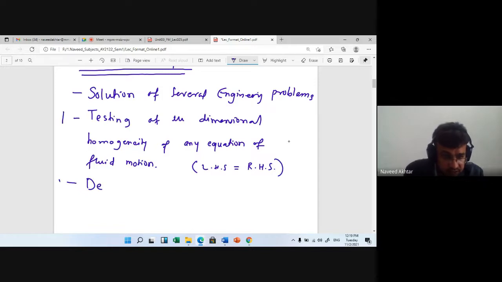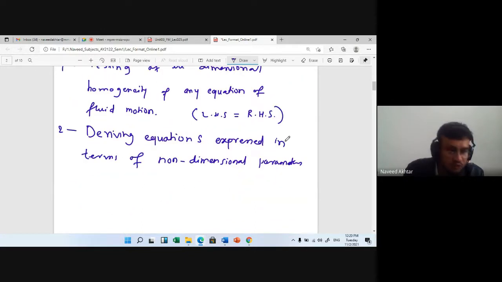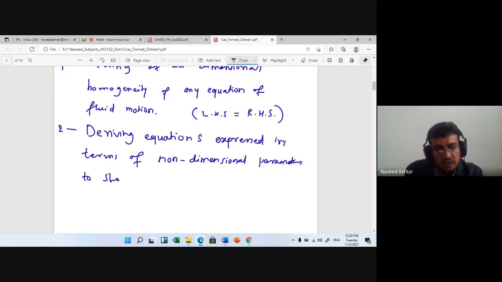The second use will be deriving equations expressed in terms of non-dimensional parameters to show the relative significance of each parameter.